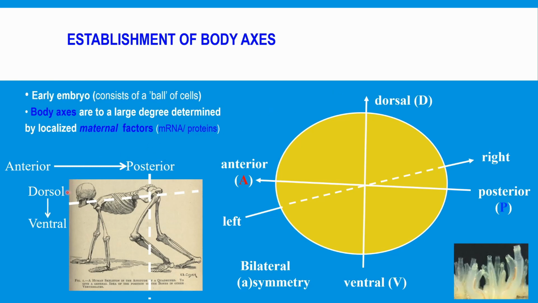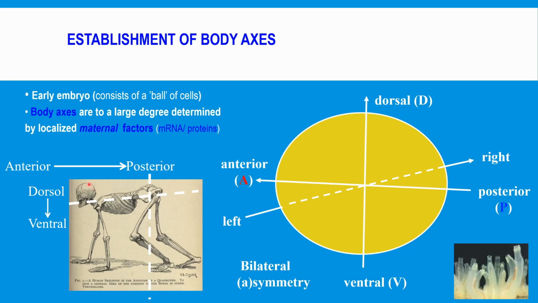And there are several of these axes in the human body. So if we have a look at it here, we see that the human body has an anterior to posterior axis, represented by this line here, which divides the front of the animal from the back of the animal, or behind of the animal, anterior to posterior.